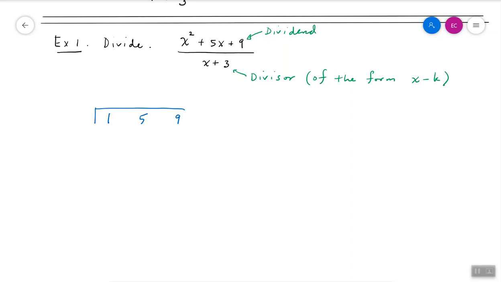We're only going to see x to the first in the denominator, and then there will be a constant after that. And furthermore, the coefficient on the x is always going to be 1. And so when we have this special type of divisor, then all we have to write is a minus 3.